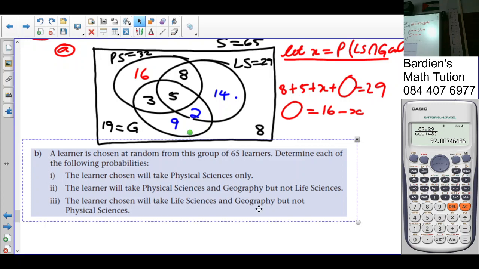Determine each of the following probabilities. I haven't used green, let's use green. In the first case, the learner chosen takes physical science only. So you write the answer in physical science only.